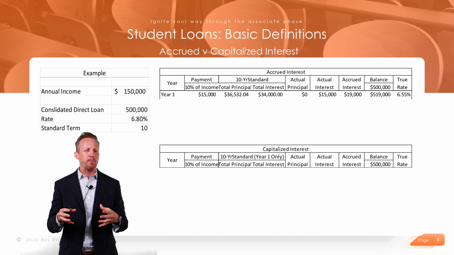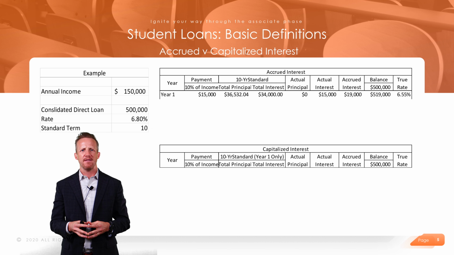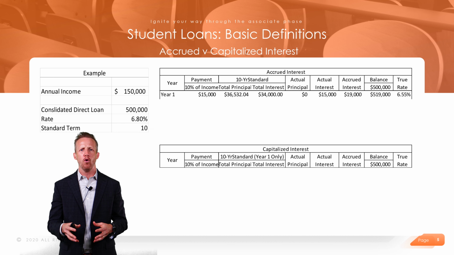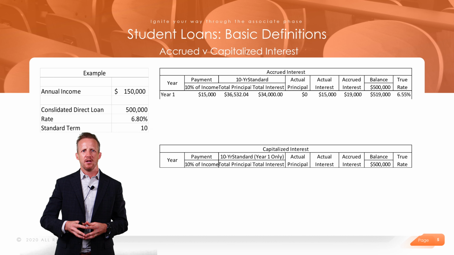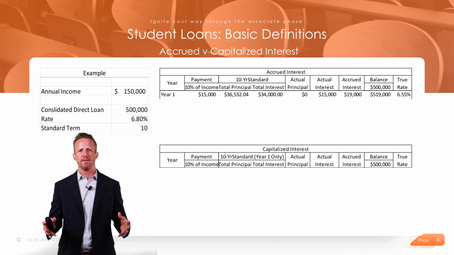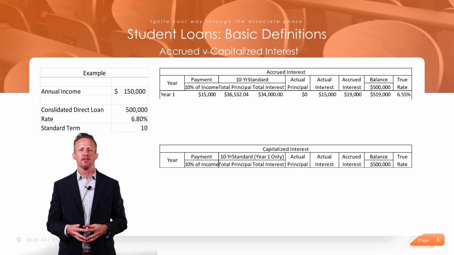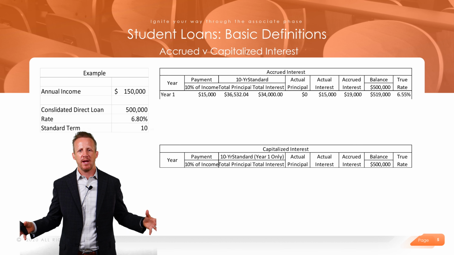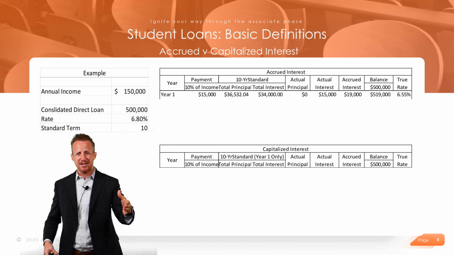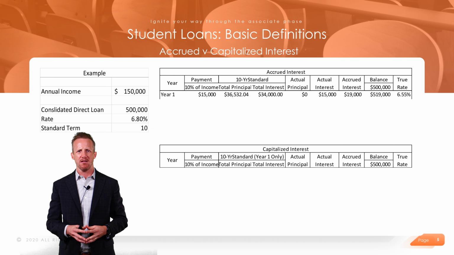Now, if you were to actually pay that, you would be paying total principal for the year of $36,532.04, and then interest of $34,000 during that first year. So if you add that up, it's roughly $70,000 and a little bit more. And you're thinking, sheesh, I could never pay that right now. Well, you don't have to, because again, you're limited to 10% of your income, which is $15,000.